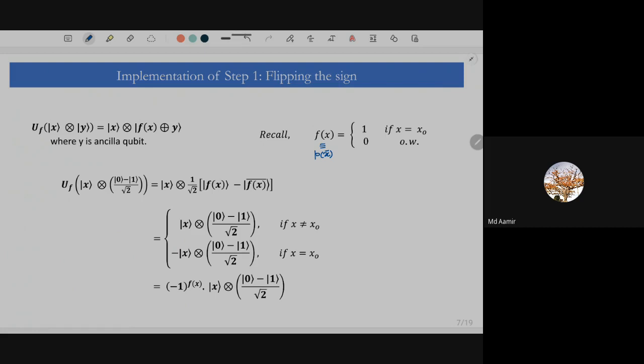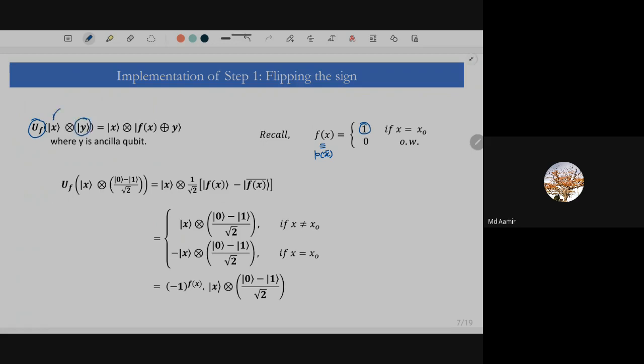We have the solution x naught, for which this function will give 1, and otherwise the function will not give 1. The implementation of this flipping of the sign happens using this unitary Uf, where the subscript f represents flipping the sign, and it requires a few ancilla qubits.